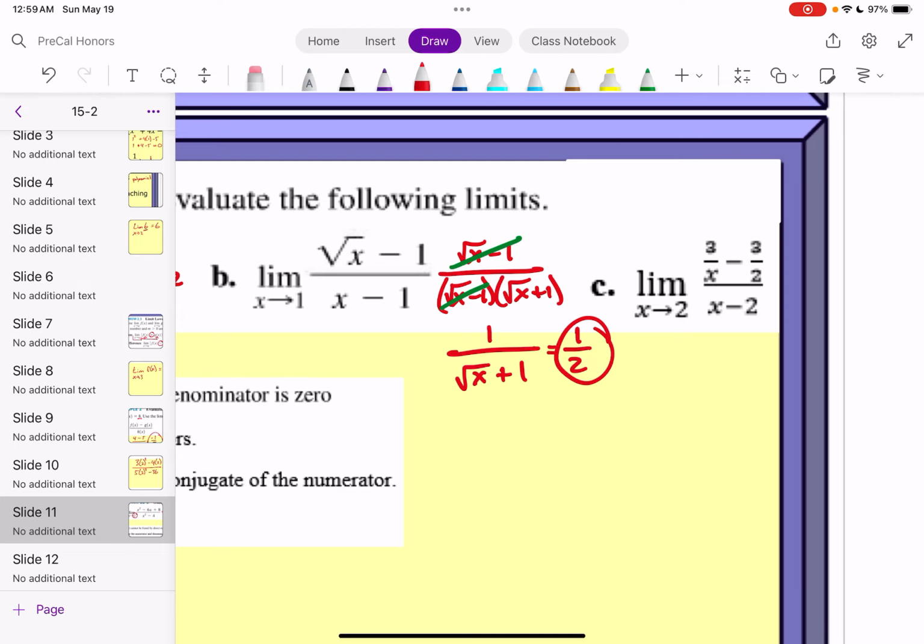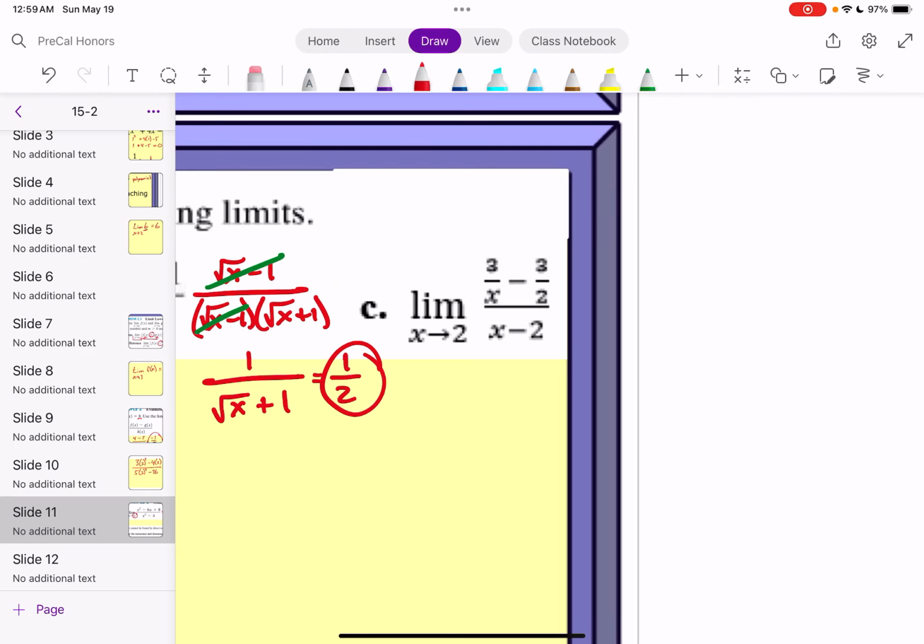For example, C, notice in this problem we have 3 over x minus 3 over 2, all divided by x minus 2. Here, we want to go ahead and multiply by 2x across the top. This would eliminate both of these fractions into a common term.